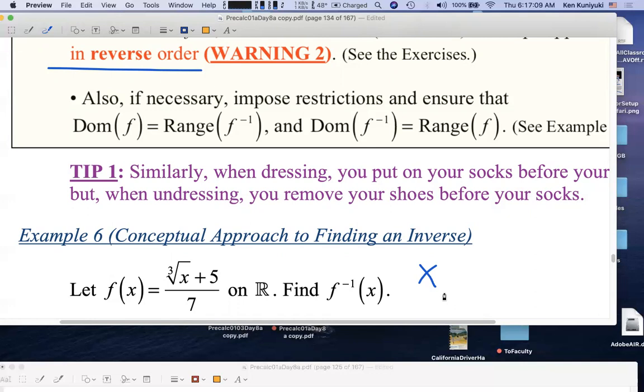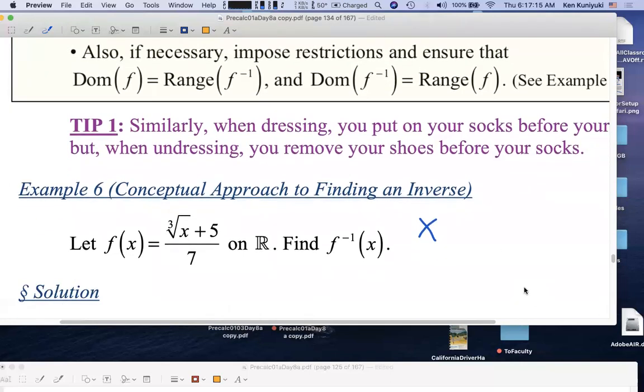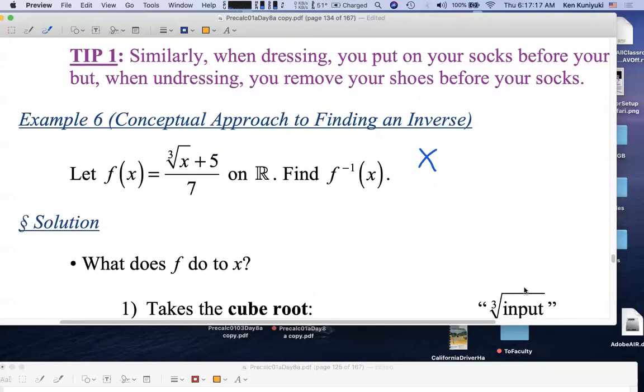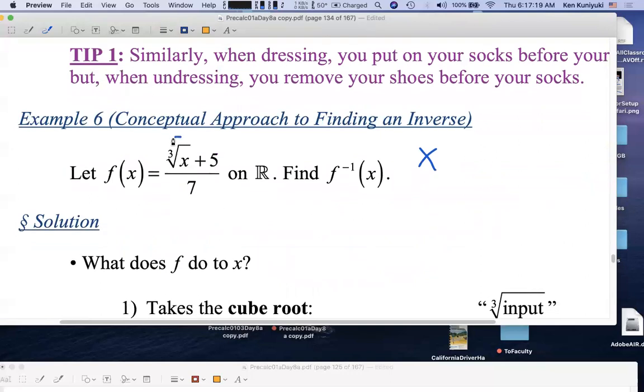First, you do what? First, you take the cube root of x. So you take the cube root of the input. And then what do you do to the result? So we now have the cube root of x. What do you now do with the result? You add 5. You add 5 to the result.